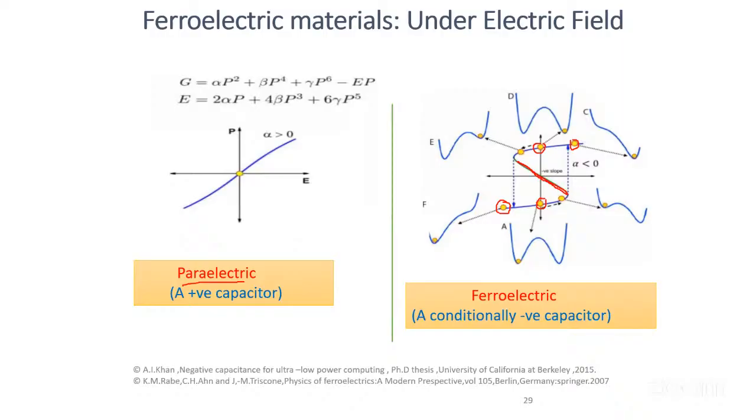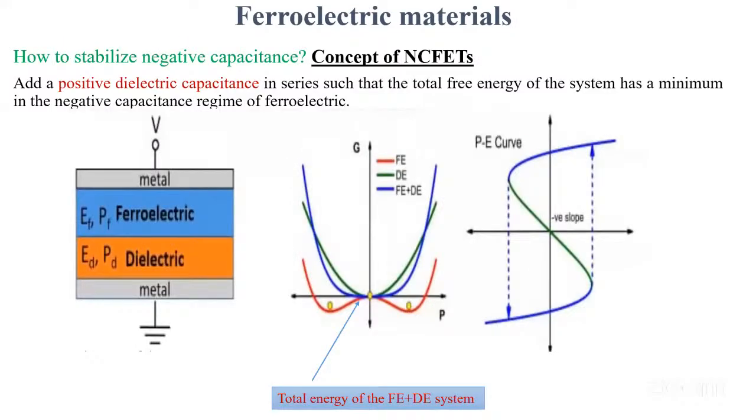But this region is used for NC-FETs, which are negative capacitance ferroelectric transistors. This is an unstable region, but it can be stabilized in the NC-FETs. In the NC-FETs, we use a dielectric as well as a ferroelectric, and there you stabilize this state of the ferroelectric material by moving it up.